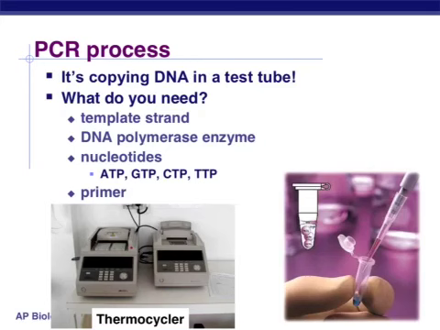Then the last thing you need is the instrument that actually does this, which is called a thermocycler. And they look like this. The newer ones look more modern, more sleek maybe than these do. But pretty much they're a very expensive box that heats up and cools down because that's the essence of what it does.